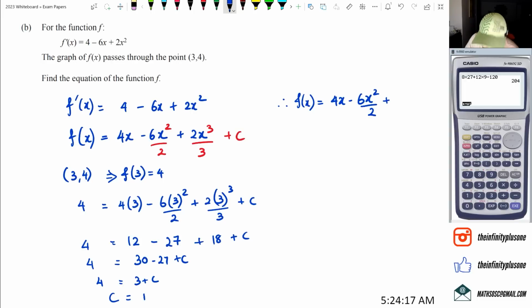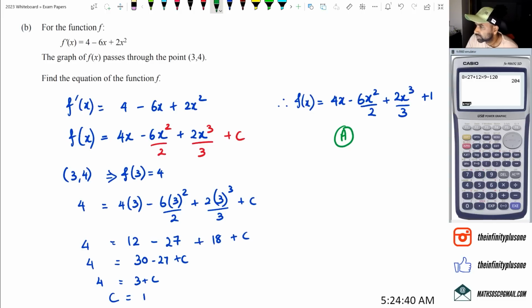You could have put that as 3x squared. Then 2x cubed over 3 plus 1. This question is worth only an achieved. I wouldn't expect anything else because it's a straightforward, standard integration question where you find out what the c value is.